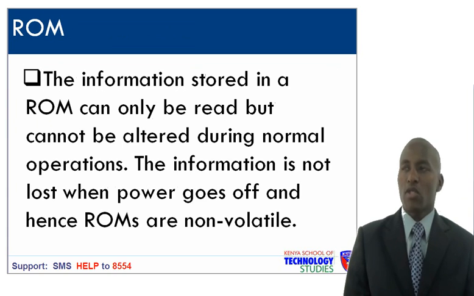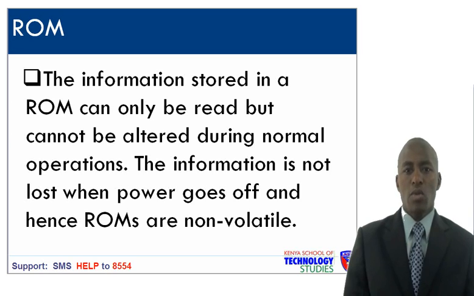Now let us look at ROM. The information stored in ROM can only be read but cannot be altered during normal operations. The information is not lost when the power goes off, and hence ROMs are non-volatile. ROM meaning read-only memory. That means ROM is permanent.